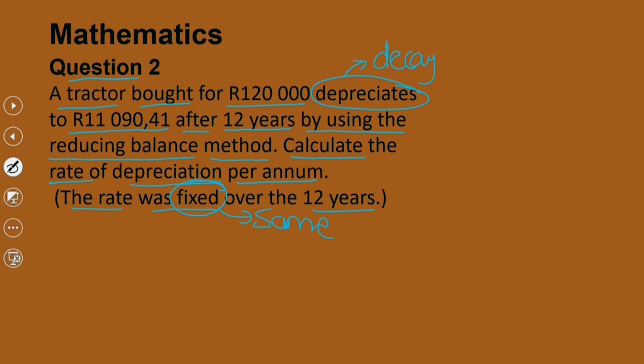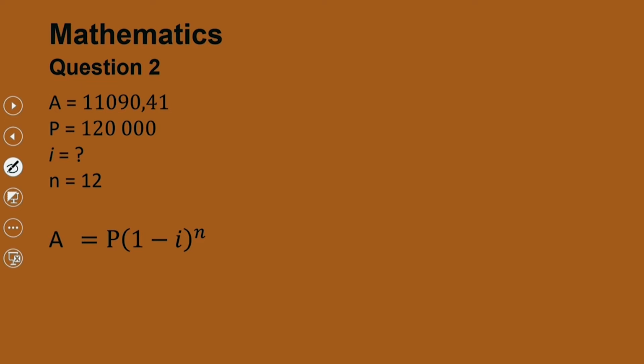So what have I said to you? I said the first thing that we must do is write down the given information. We have been given A being equal to 11,090.41. We've been given P being equal to 120,000, and then, very important, I is the rate of depreciation which we are looking for, and this is what we don't have, right? And then N has been given to us as being 12. What did I say? They spoke about compound.